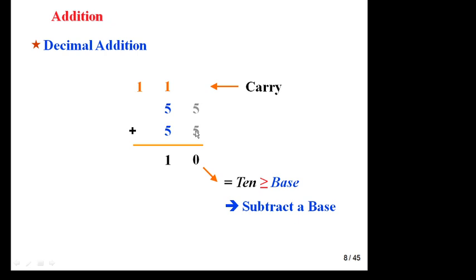So 10 is greater than or equal to 8. So you subtract 10 minus 8, 2. 2 will come here, 1 carry. Then 1 plus 5 plus 5, 11. Again 11 is greater than or equal to 8. So 11 minus 8, 3, and 1 carry. The answer will be 132 in the octal number system.